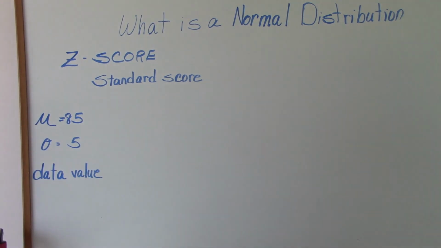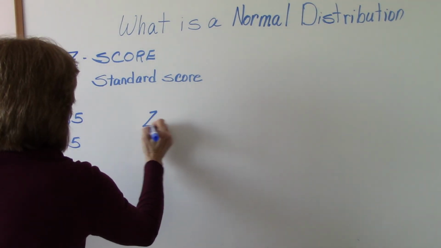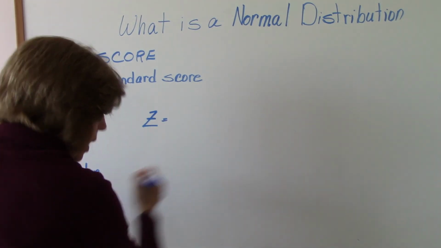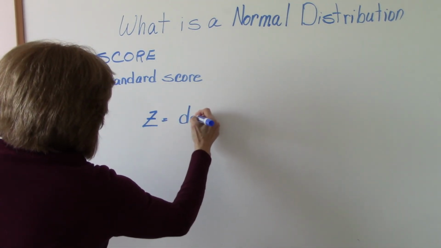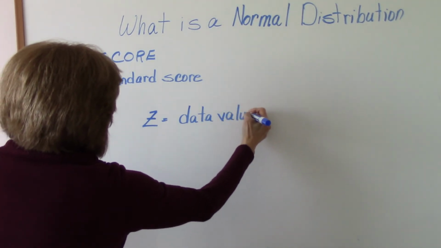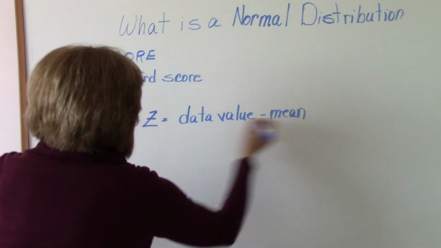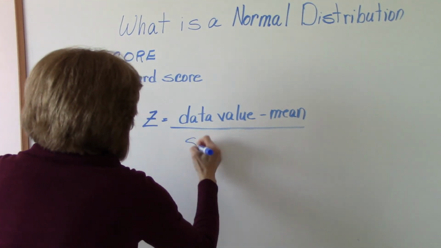Sometimes a lowercase n or an x might be used. Our rule looks something like this: z is equal to our data value minus the mean, over the standard deviation.